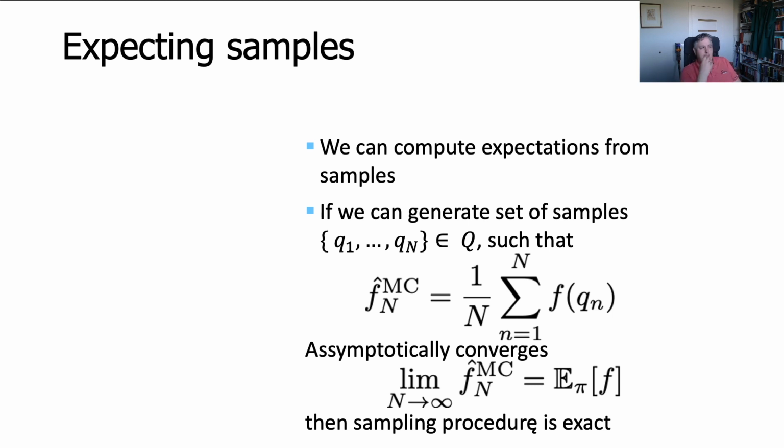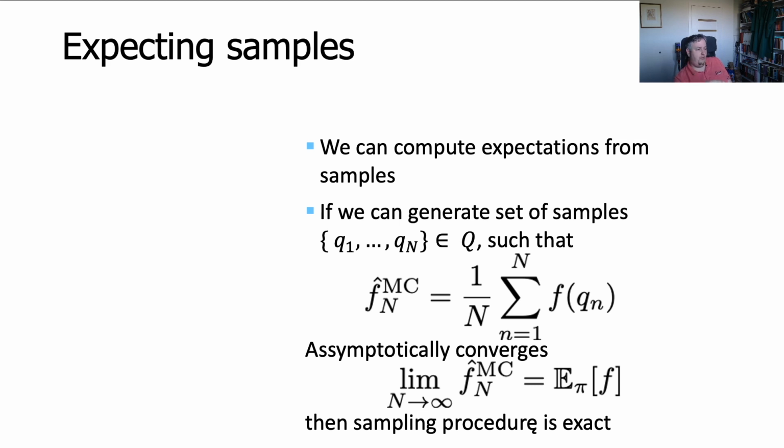And this is a bit of a weak definition, but generally we say that our sampling procedure is exact when the mean of the samples asymptotically converges to the actual expectation.